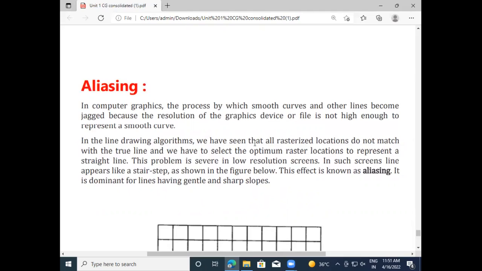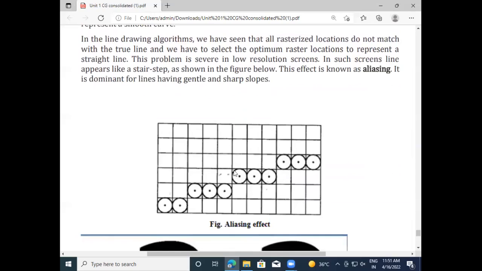In the line drawing algorithm, we saw that all rasterized locations do not match with the true line. Okay, all the rasterized locations are not matching with the line, and we have to select the optimum raster locations to represent a straight line. This problem is severe in low resolution screens. Basically, we have seen all rasterized locations do not match with the line. These are the locations; they are not matching the line.